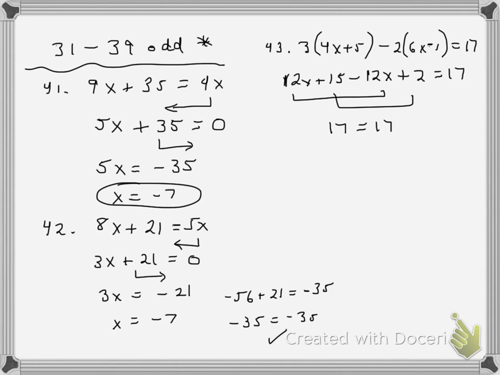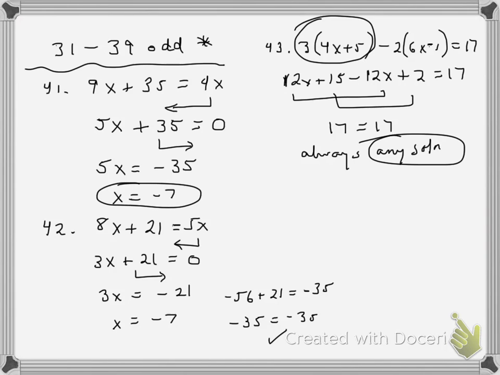So my question is, when does 17 equal 17? And your answer is always. So any x that I put in there will make the statement true. And the reason why is this quantity minus this quantity would be the same each time. And so that's kind of interesting, isn't it?